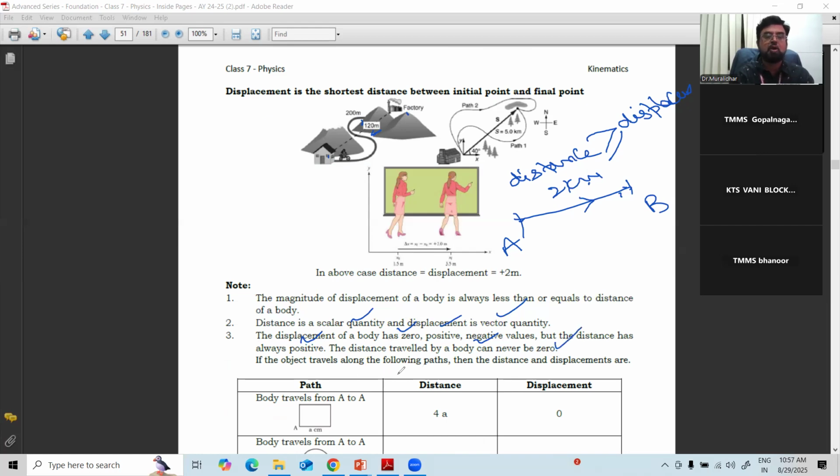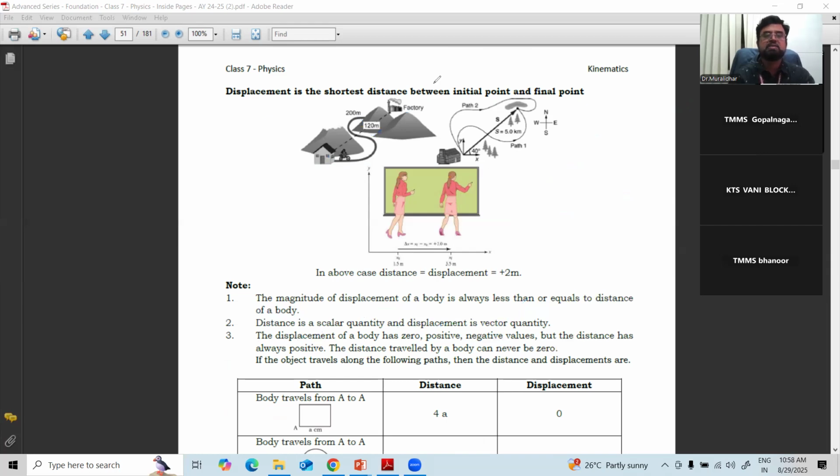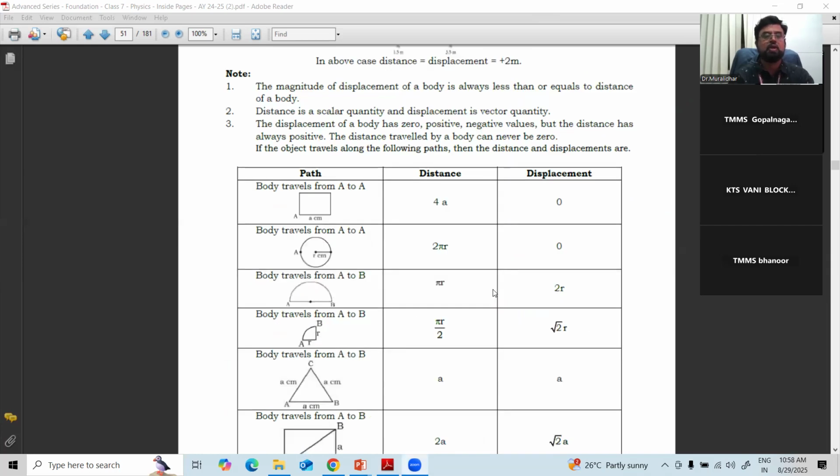If the object travels along the following paths, different shapes are given as per the path, you can identify what is the distance and displacement in the following cases, right? You can see here. So different paths the body is following here.